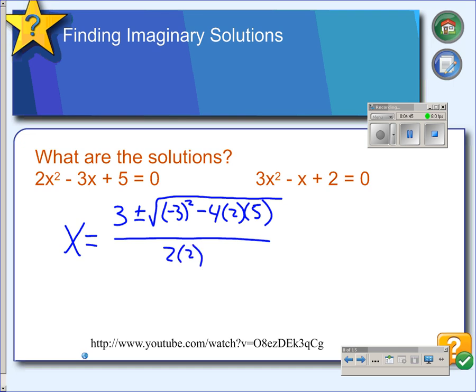Okay, negative 3 squared is 9. 4 times 2 times 5 is going to be 40. And then 9 minus 40 is negative 31. So 31 is not a perfect square, and it doesn't simplify. But the negative, we can take the square root of that. So we have 3 plus or minus i square root of 31, all over 4.